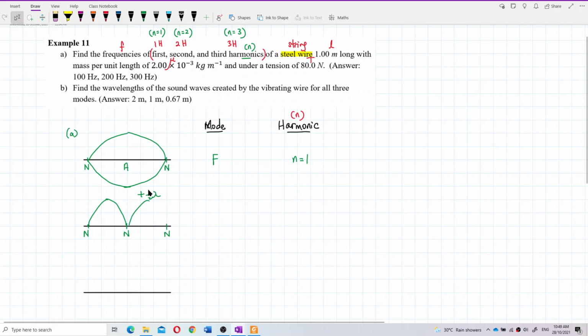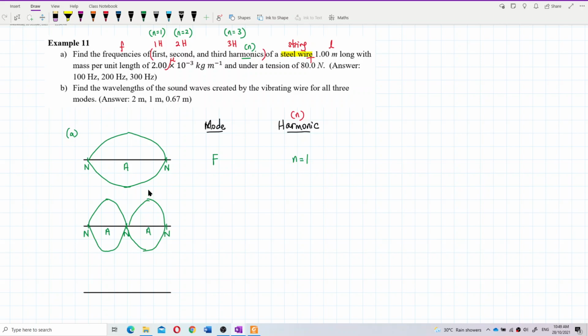See that? So we have an anti-node here already.